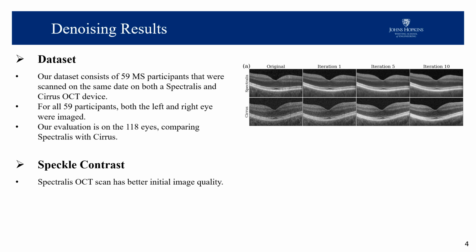These two B scans are taken from the same participant around a similar retinal cross-section. We can see that the original B scans from the Spectralis and Cirrus OCT devices have different noise levels. The noise level in the Cirrus B scan is higher than in the Spectralis B scan. After performing 10 denoising iterations as shown in the last column, the two denoised B scans contain less noise and look more similar.